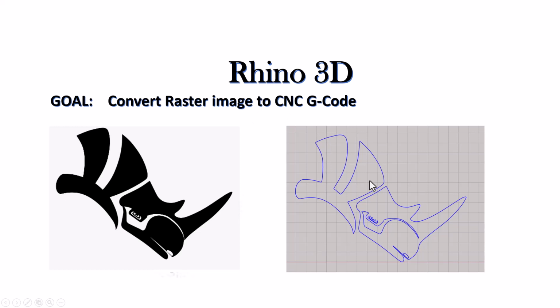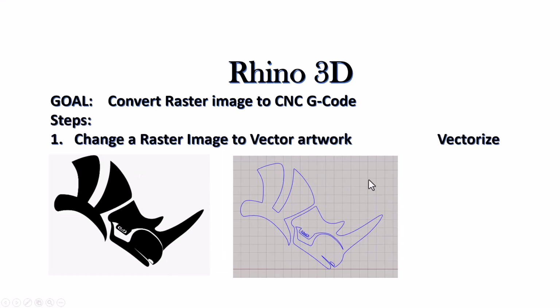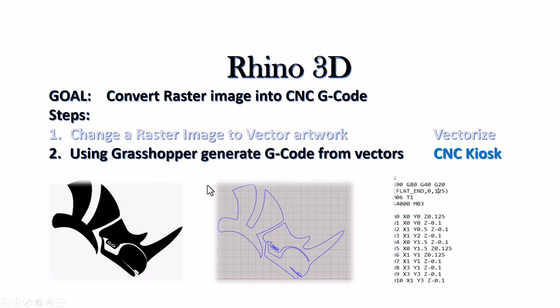First we'll change from a raster and use the command vectorize, and that will change from a raster to a vector. Then using Grasshopper, we'll use a generated G-code from our vector image. So that's our steps today. Then we'll cut it out on our CNC machine.